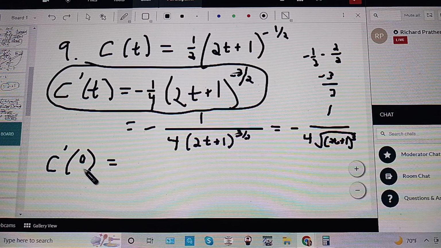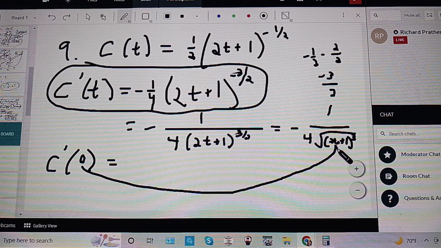So if you put 0 in right there, 2 times 0 is 0, plus 1 is 1, 1 to the 3rd power is 1, and the square root of 1 is 1. So that came out nice. This part equals 1. So the answer is just negative 1/4, literally. Or if you want a decimal, negative 0.25.